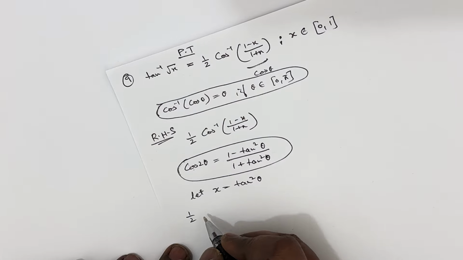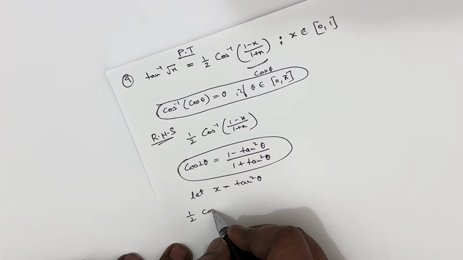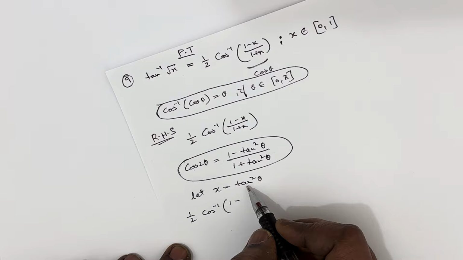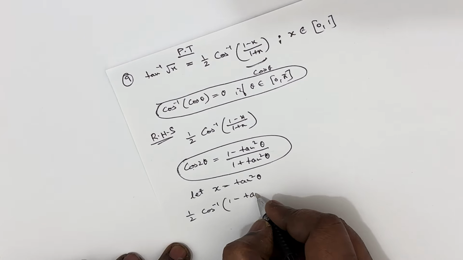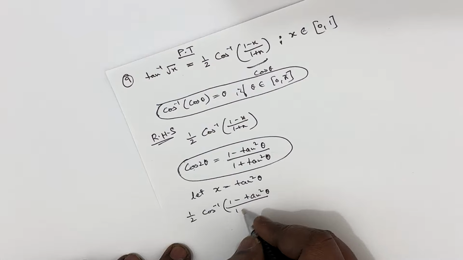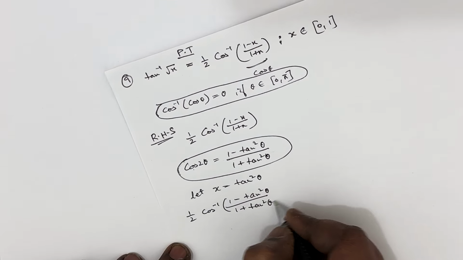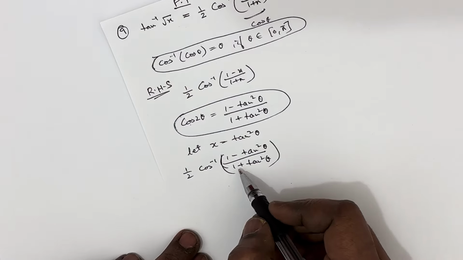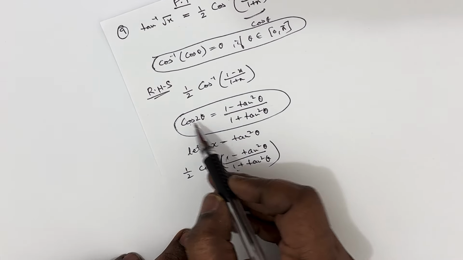So 1 by 2 cos inverse of (1 minus tan square theta) whole divided by (1 plus tan square theta). This can now be written as cos 2 theta.